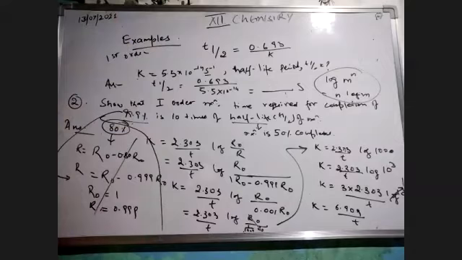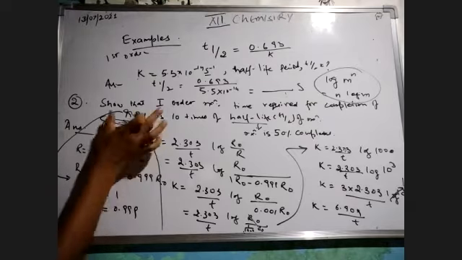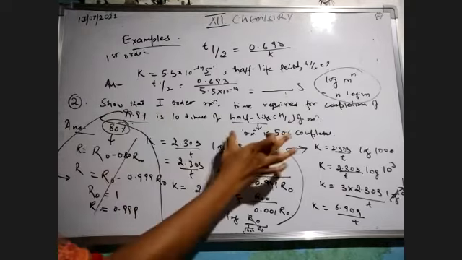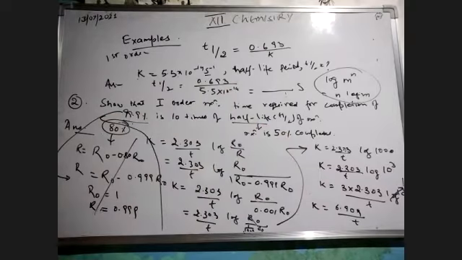Clear? Okay. Now I have just done only half of my reaction. I would like to say I have just completed half of my question. 99.9% I have solved. Now I have to solve for the 50%. Let's solve this particular question again.